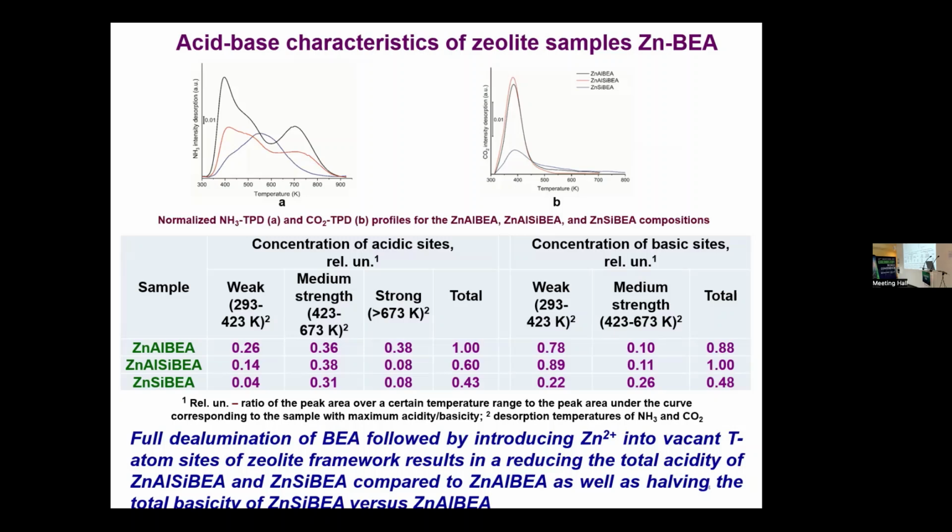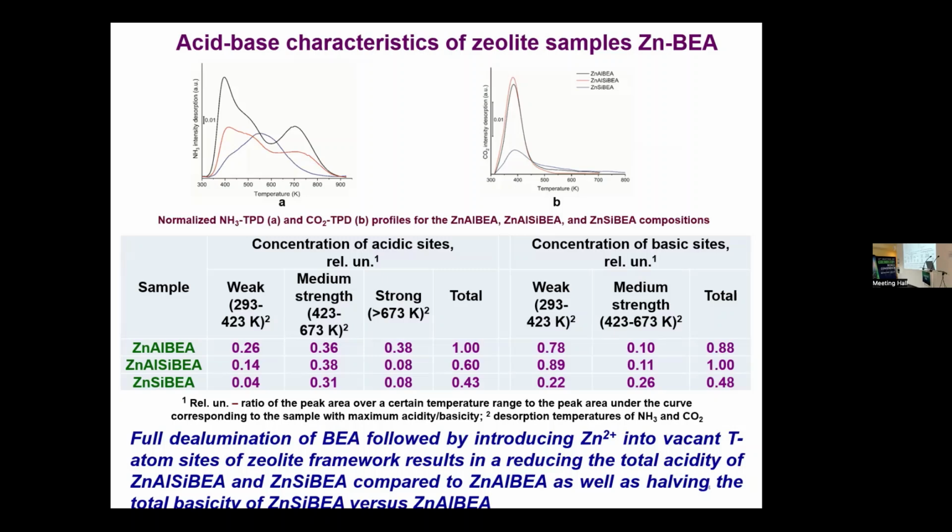As we can see, total basicity is here. In the case of Zn-Si-beta, there is 2 times less than in the case of these 2 catalysts. In contrast, total acidity is also smaller in this case, but we can distinguish different kinds of acid sites: weak, medium, and strong.